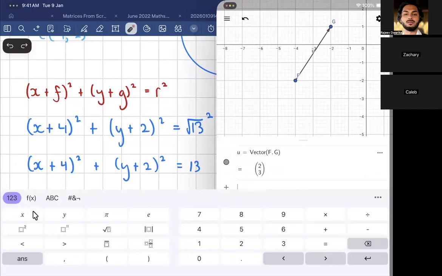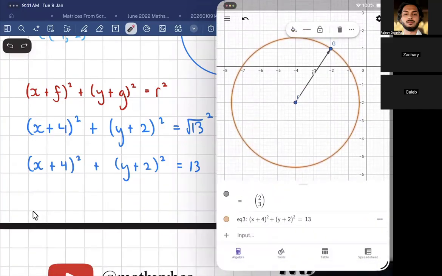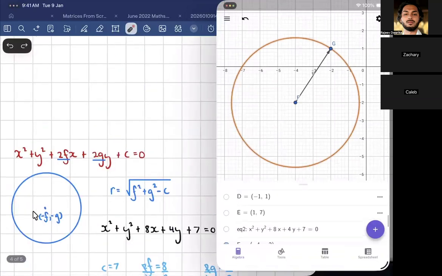So Caleb, I'm going to plug in x plus 4 squared plus y plus 2 squared is equal to 13. Tell me, Caleb, if I compare that to the general form, is it giving me the same circle? Yes, sir, it's giving me the exact same circle, because I'm just representing it in a different form.